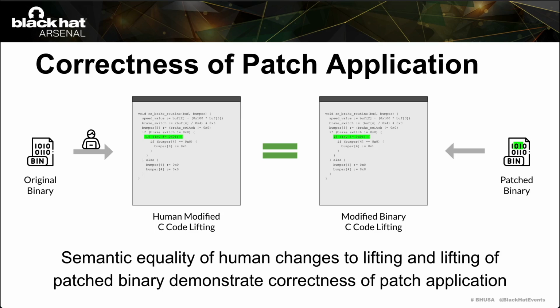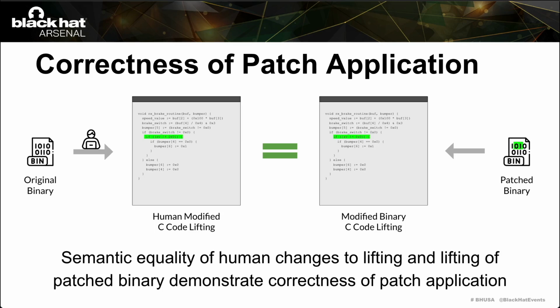So if they're equal, it's very strong evidence that the patcher tool that we created applied the semantics of the patch correctly to the binary. And we're going to show in our demo that we have a user interface workflow for looking at this and validating this.